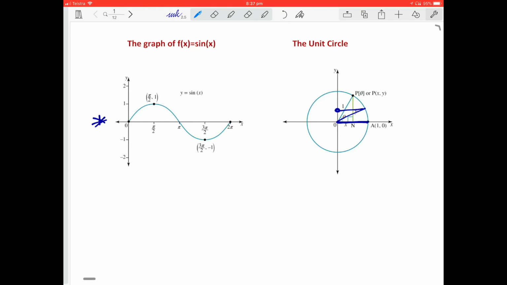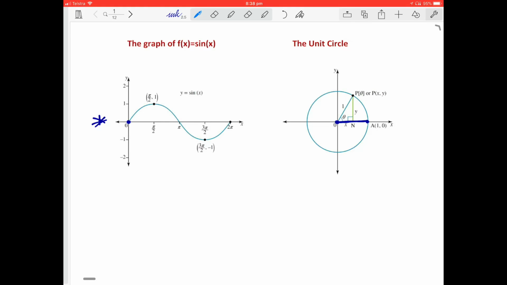and it's 0. Now, what I wanted to do is draw a parallel between the unit circle and the actual graph itself. We know that sine of 0 degrees is actually 0. So sine of 0 starts at 0 on our graph.